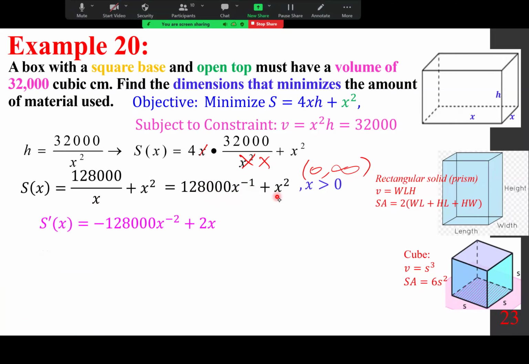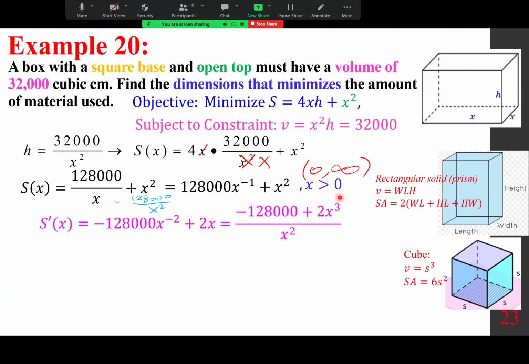I will look at my critical points. Let me write this as negative 128,000 divided by x squared. When you take a common denominator of x squared, this changes to 2x cubed at the top.